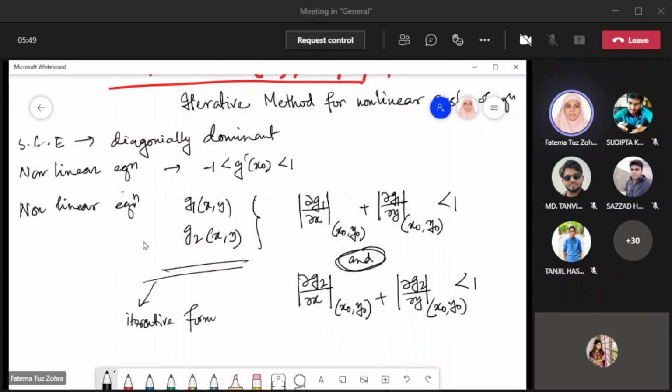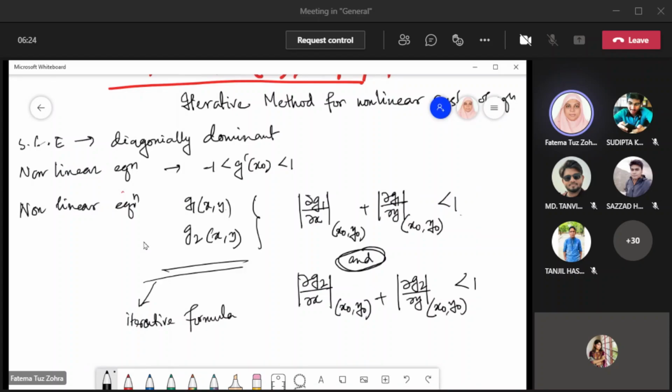That means we are going to have differentiation. As we have more than one variable, we need to do partial differentiation. So g1 can be differentiated with respect to two variables, x and y. If there is another variable z, then it should be del g1 del x plus del g1 del y plus del g1 del z, less than 1, all absolute values, not the usual ones. That means positive and negative signs will make no difference.